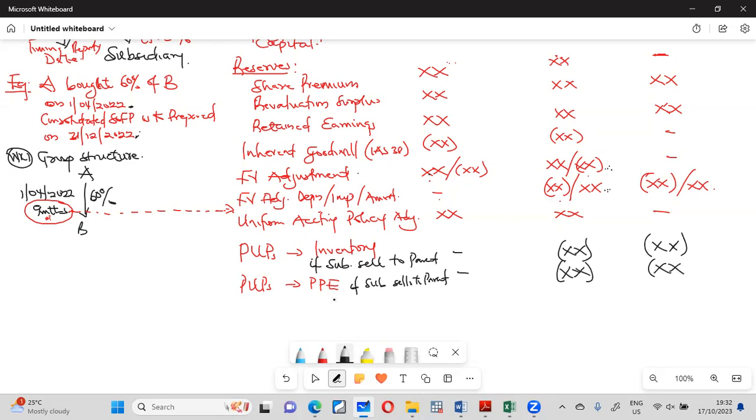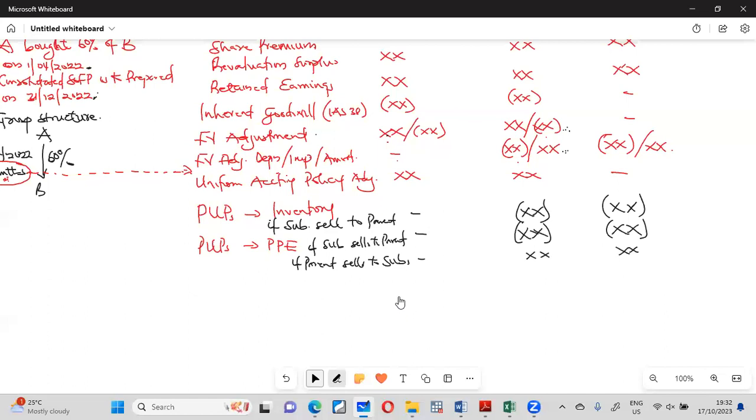However, if the parent sells to the subsidiary, there will also be excess depreciation. And that one here will be a positive figure. It won't be a deduction. We will show you that. We will deal with that. But for now, this is your exemplary format for your workings. So you need to learn them anyway. So you total everything here, and total everything here, and total everything here.